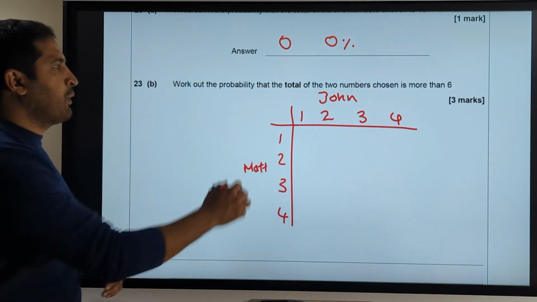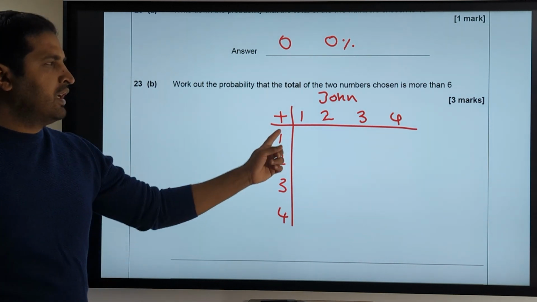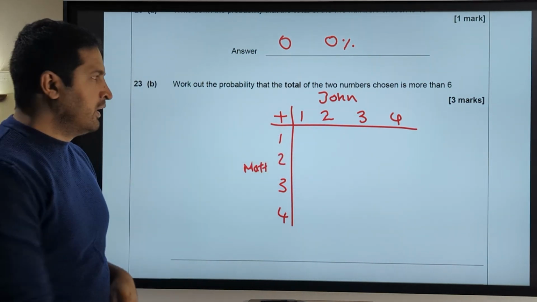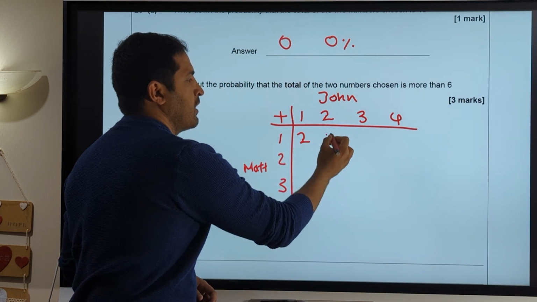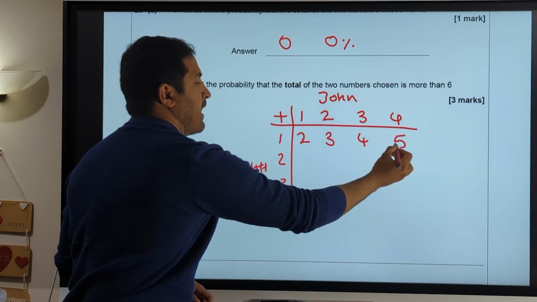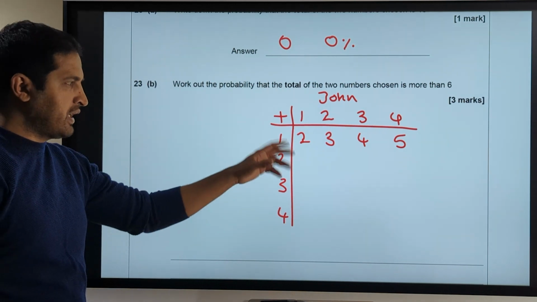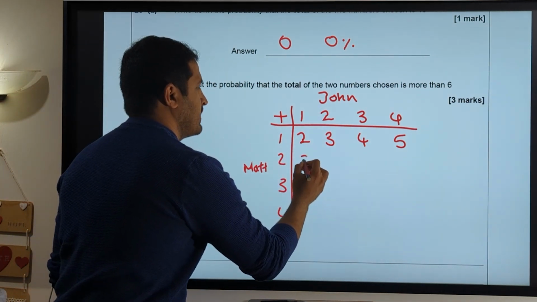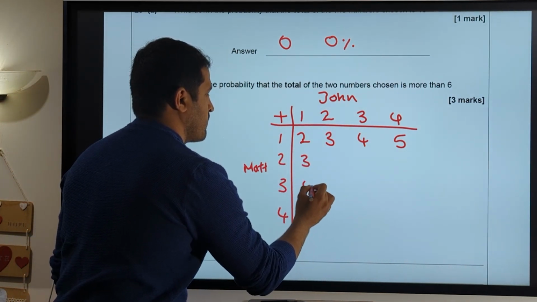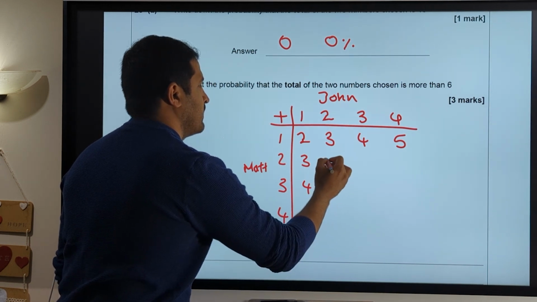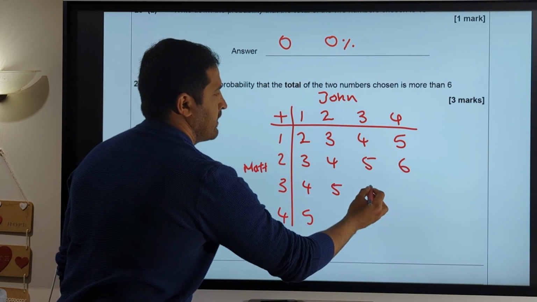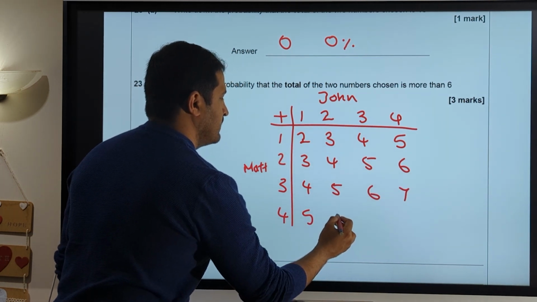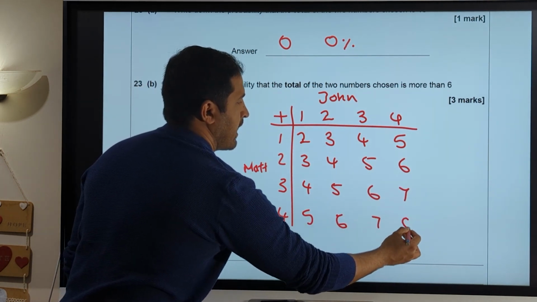If they add both of those, finding the total, if you both pick 1, then the total would be 2. Then 3, 4, 5. You can quickly write those down and work out 3, 4, 5, 4, 5, 6, 5, 6, 7, 6, 7, and 8.